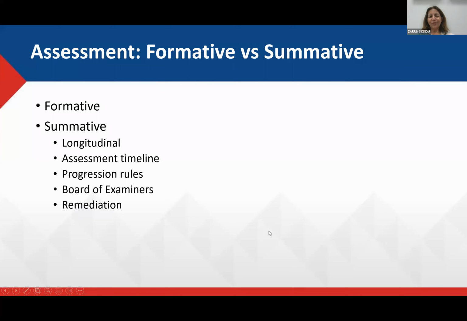Assessment, don't forget about it. If you are using an e-portfolio, how are you going to assess it? If it is just formative, students will not pay attention to it. If it is summative, you have to identify how it will be assessed longitudinally. What will be your assessment timeline?